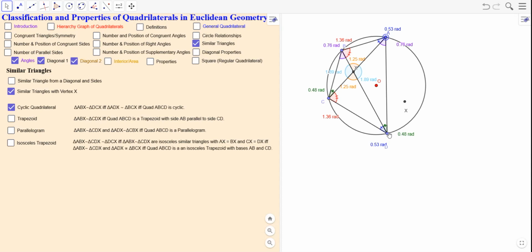Okay, but wait a minute. So this point D prime has to be on this ray B. This angle right here has to be the same as this one here, right?